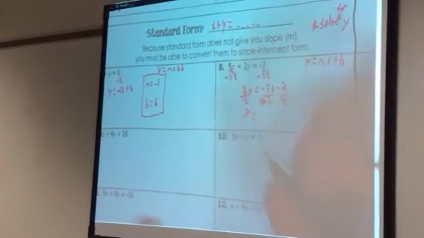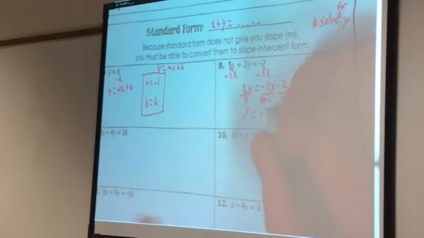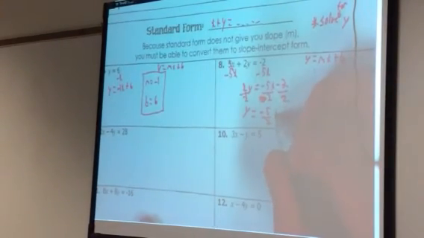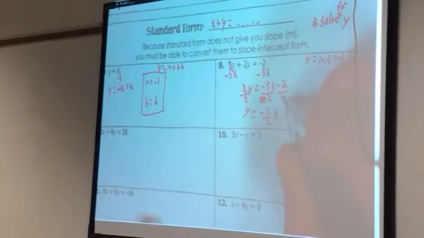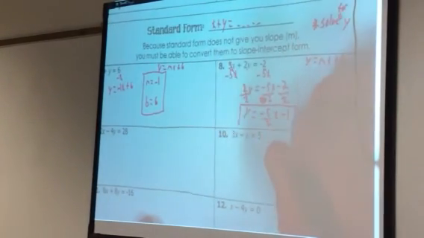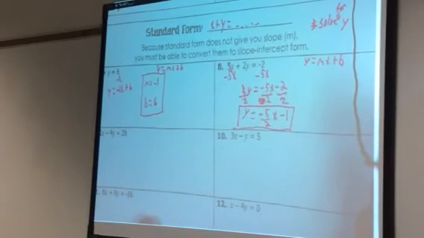Negative 5 over 2, does that simplify to anything? No. So just leave that as negative 5 over 2. Don't write the decimal. So that's negative 5 over 2x. What's negative 2 divided by 2? Negative 1. So that's my y equals mx plus b form.